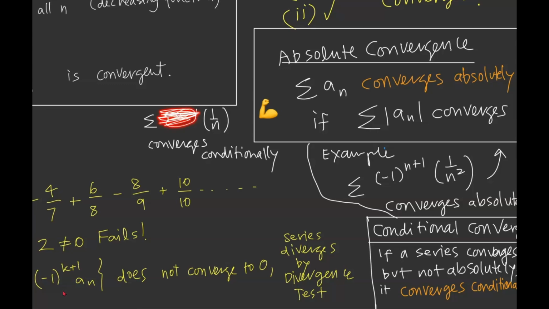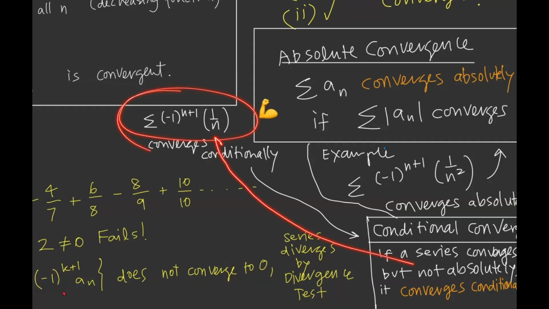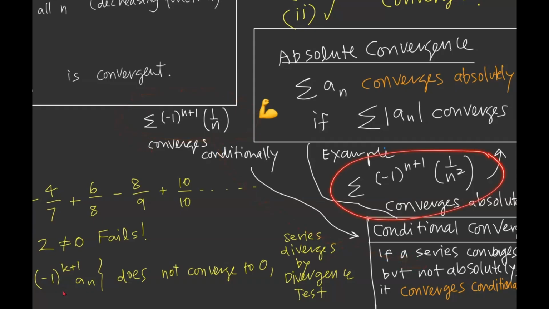This is a divergent series, but we've already shown that this series actually does converge. So if its corresponding absolute value series doesn't converge, then this only converges conditionally. And so those are the two poster boys for the different types of convergence. We have conditional convergence, and then we have this stronger absolute convergence.